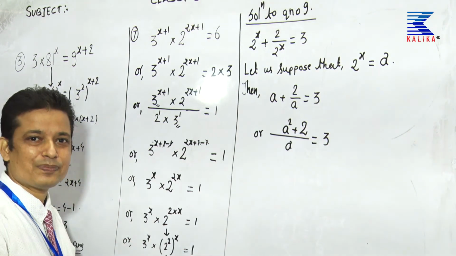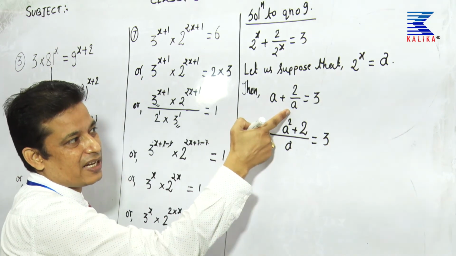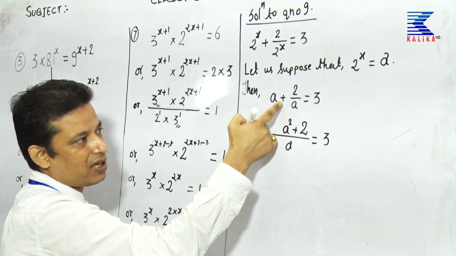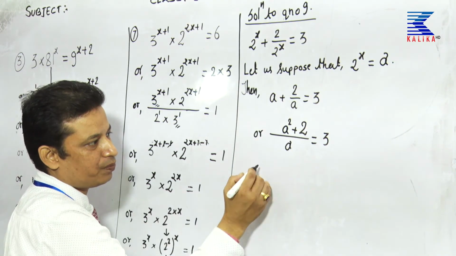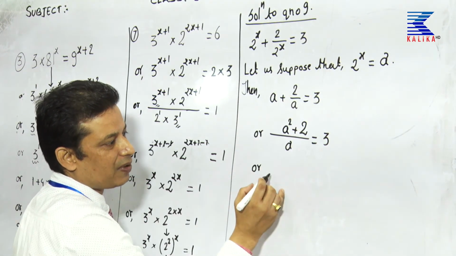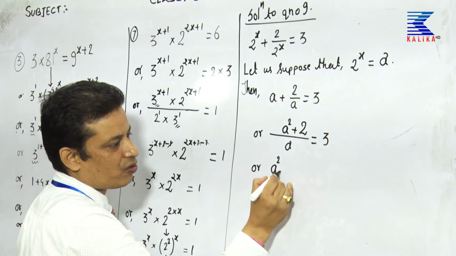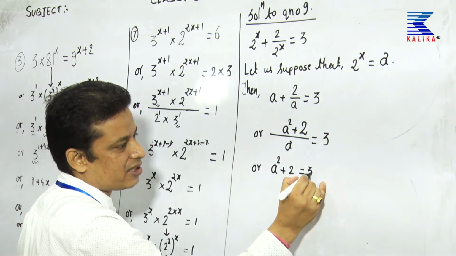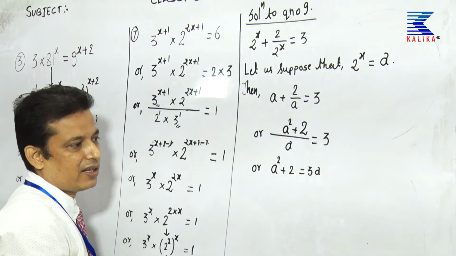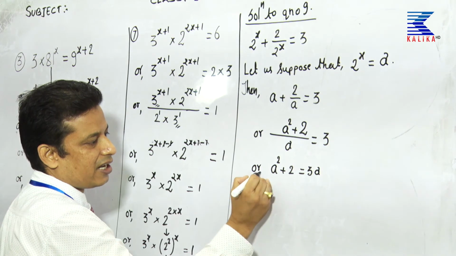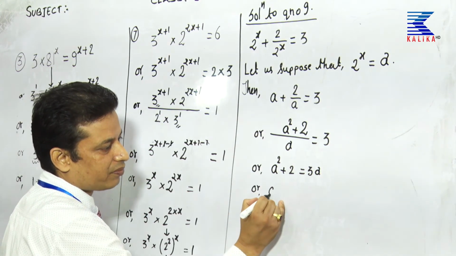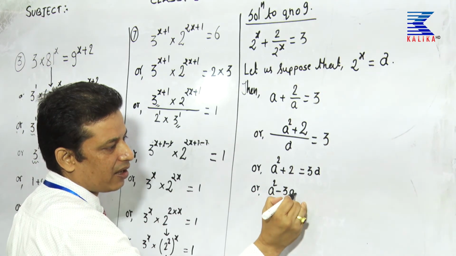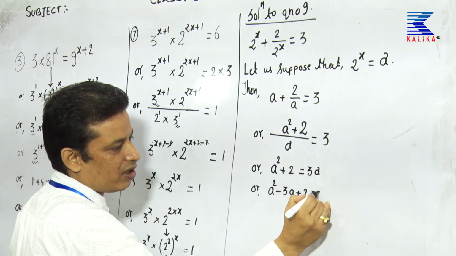Are you understanding? We have taken a as LCM, then a times a is a square plus 2, or after cross multiplication we get a square plus 2 is equal to 3 times a, which is 3a. Okay, let us write everything on the left hand side. a square minus 3a plus 2 is equal to 0.